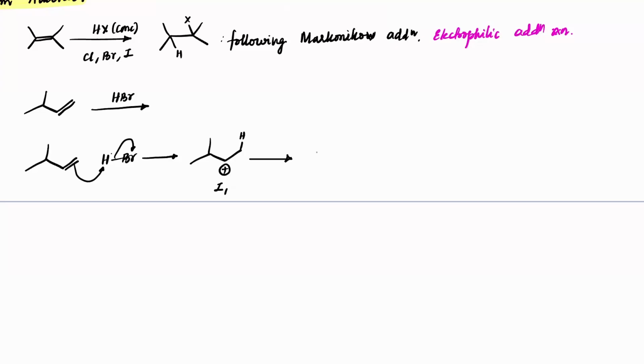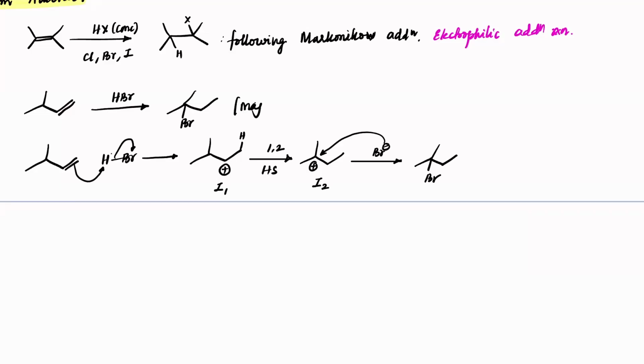From there, you get carbocation rearrangement, a 1,2 hydride shift, that makes intermediate 2. Once you get intermediate 2, Br minus will add here and give you the major product. Clear?